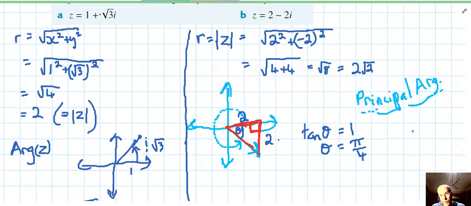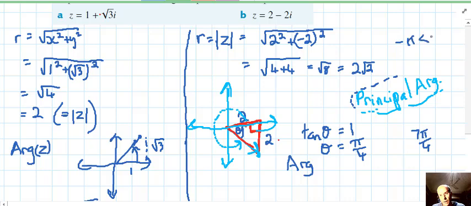So it's moved through an argument of 7 pi on 4, but because the preference is for the principal argument, we've got to stick between negative pi and pi.